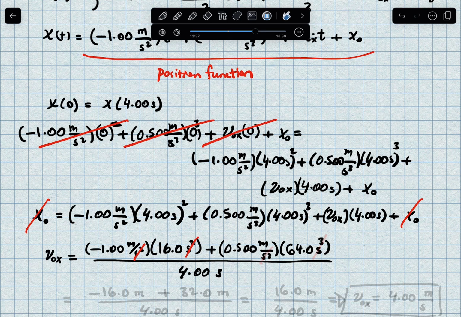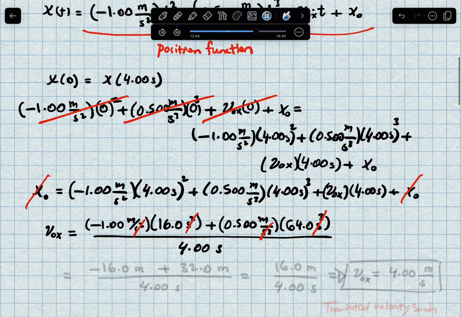And you notice that the seconds cancel from the upper part of the fraction. As you continue to solve, you'll have -16 meters plus 32 meters, divided by 4 seconds.